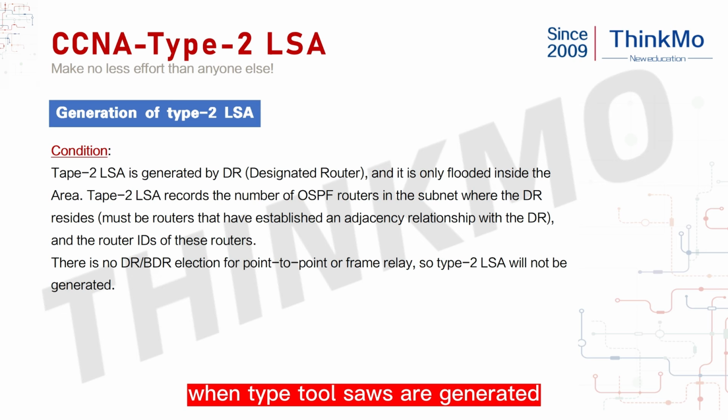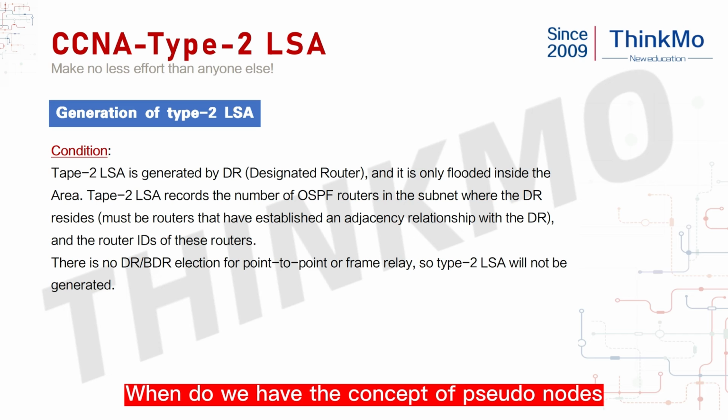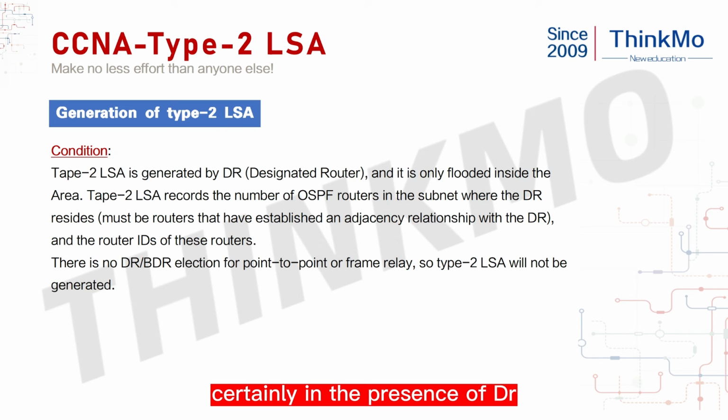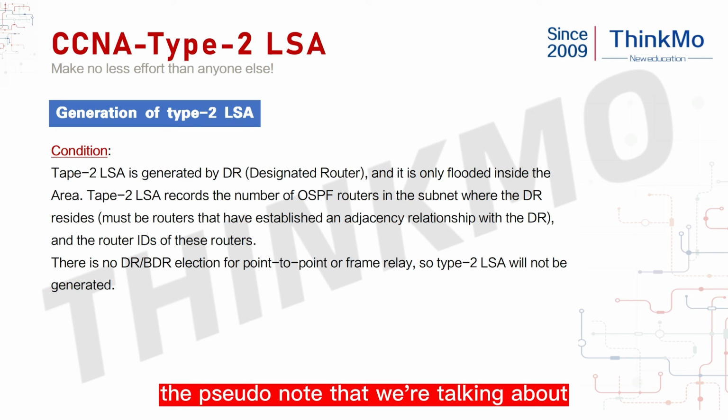What exactly is described? Now let's look at when Type-2 LSAs are generated. When do we have the concept of pseudo-nodes? Certainly in the presence of a DR, because the DR will advertise this virtual router, the pseudonode we're talking about.